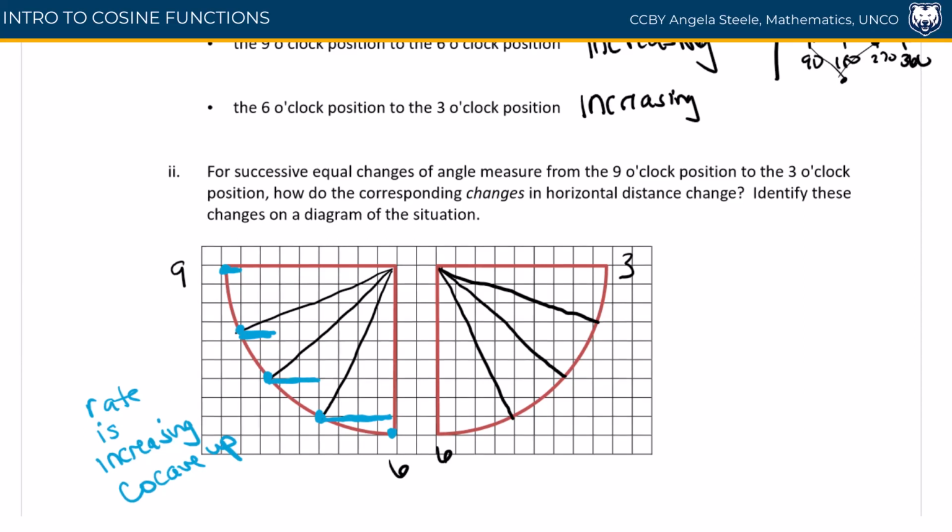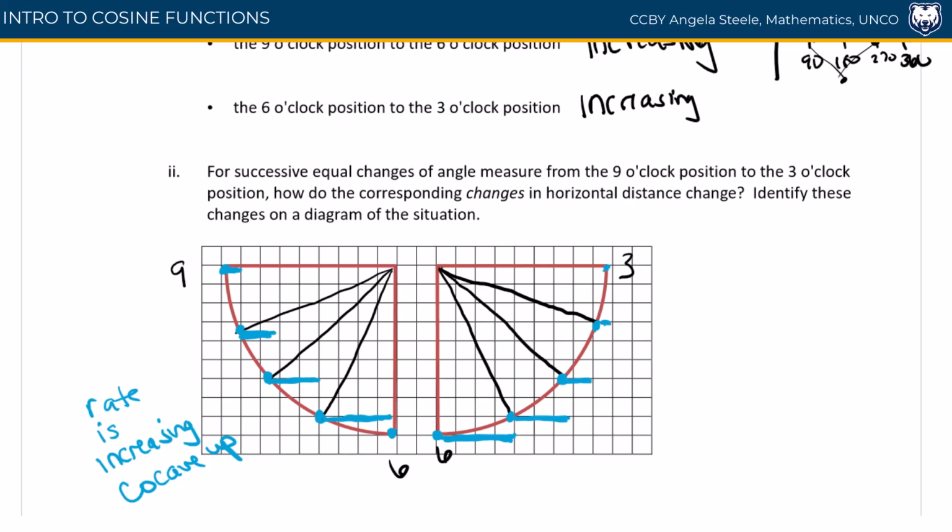Okay, and then we're going to go ahead and do the same thing from the 6 o'clock to the 3 o'clock position. So we're going to go from this dot to this dot right here. And again, I'm just focused on that horizontal line, going from dot to dot. And then from this dot to this dot right here, we're looking at that horizontal line. And then from this dot to this dot, we've got that horizontal line. And then the last 2 dots, we've got this little bitty line.